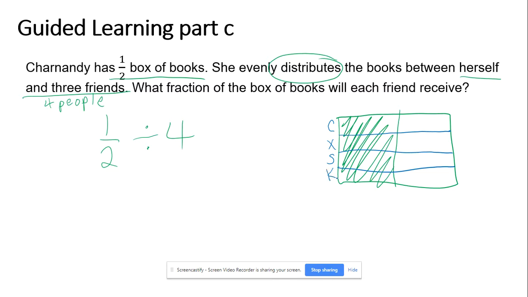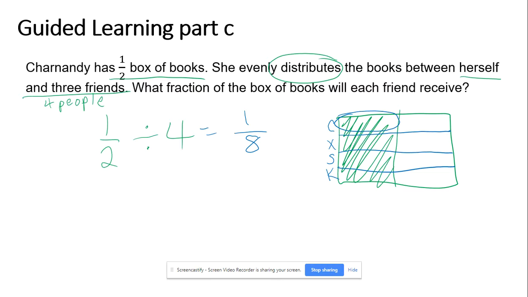And the last one for Miss Kessner. All right. So here we can see that Sharnandi is going to be receiving 1 portion out of 1, 2, 3, 4, 5, 6, 7, 8 parts. So out of the entire box of books, Sharnandi is going to be getting 1/8 of the box.